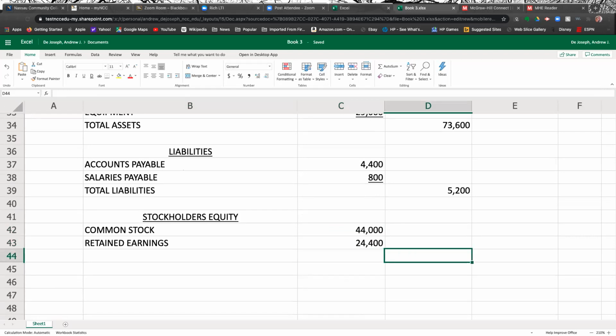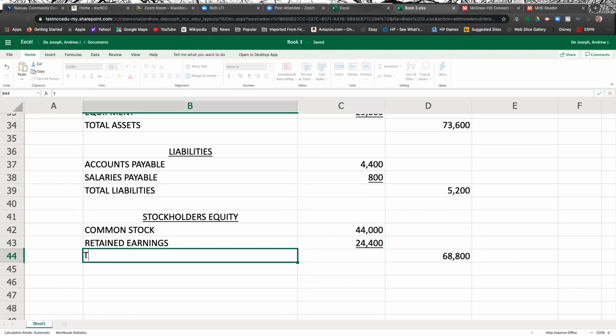And that came out to 68,800. Okay, and that's total. Total liabilities and stockholders' equity.